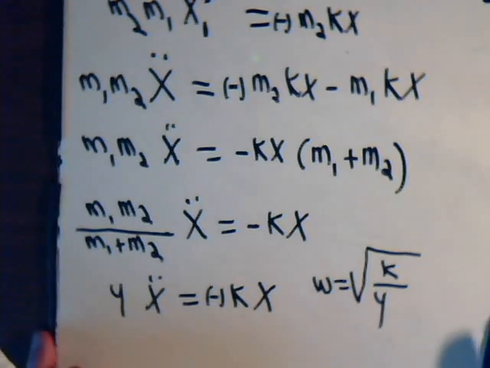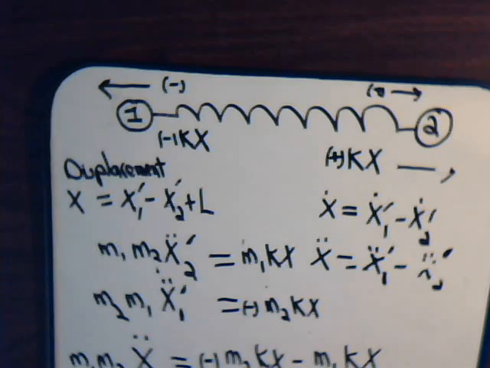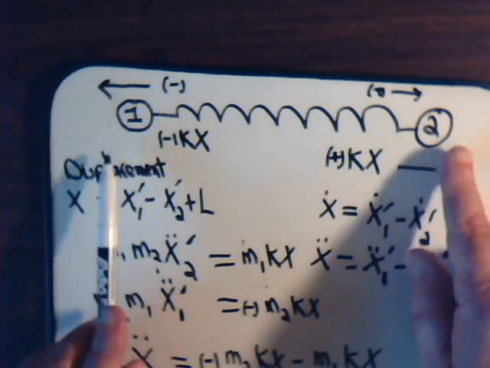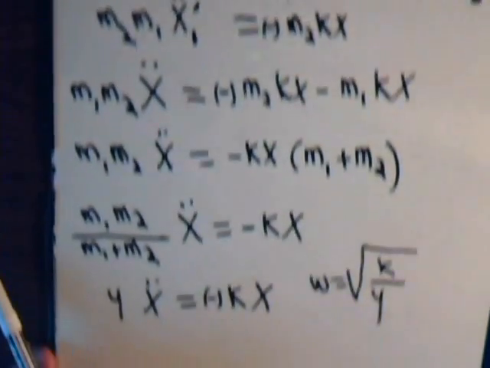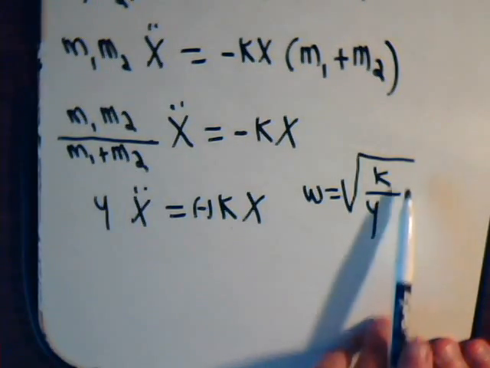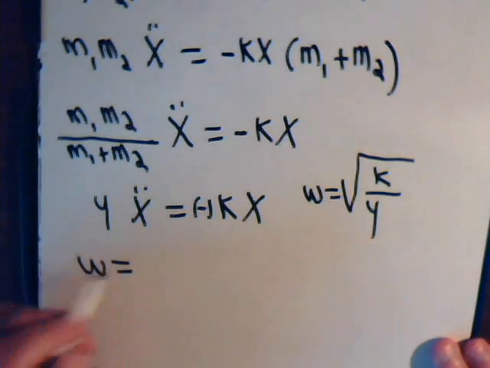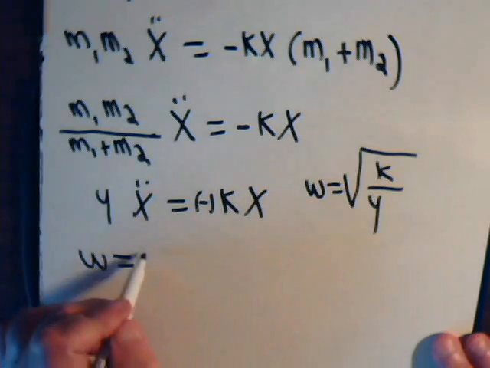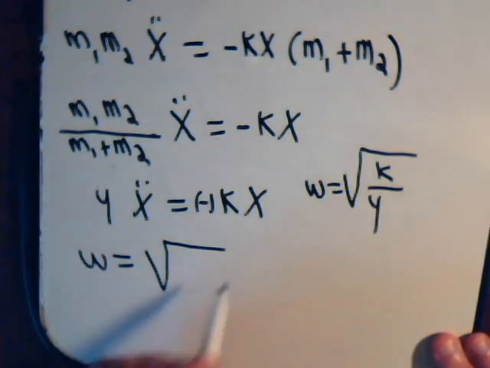So once again, the frequency of oscillation of blocks m1 and m2, they're the same. And now mu was this. So we have k divided by mu, or we have omega, that equals the square root of k times the reciprocal of this.